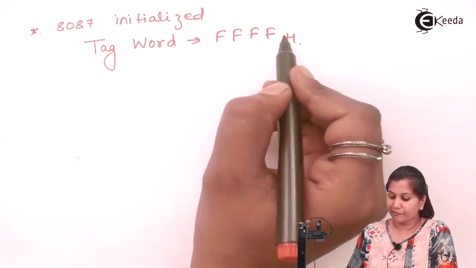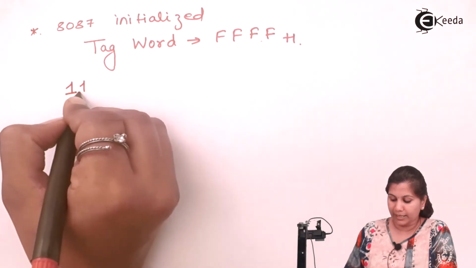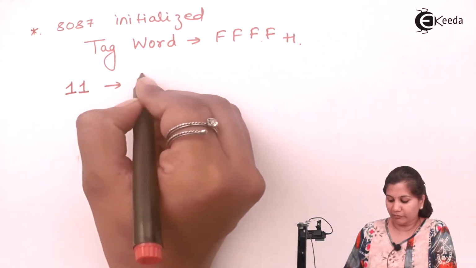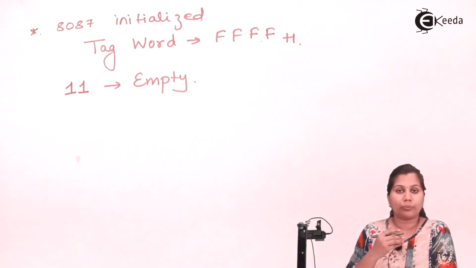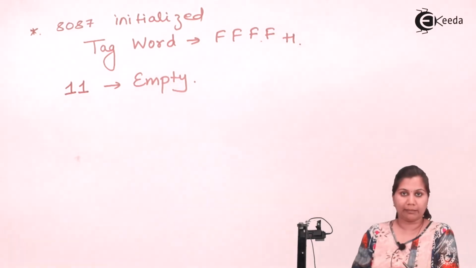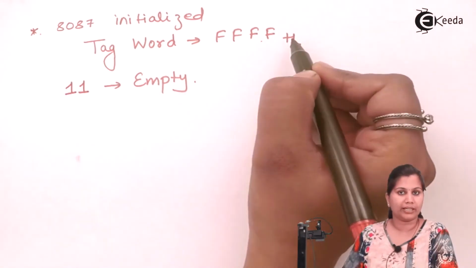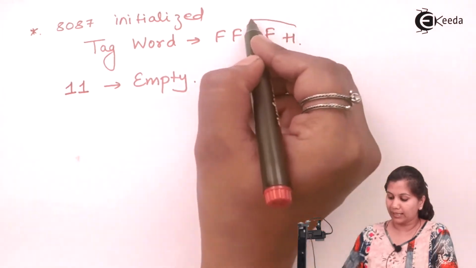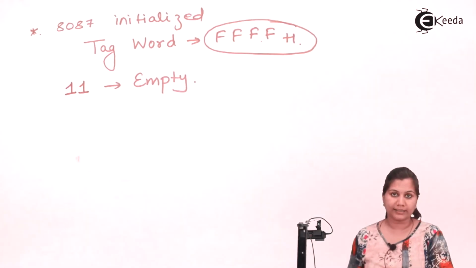Because FFFF means all the tag values are 11. And when the tag values are 11, it means that the registers are empty. So when 8087 is initialized, all its 8 registers are empty. So that is why the tag word is FFFF. So it can be asked that when 8087 is initialized, what is the tag word?